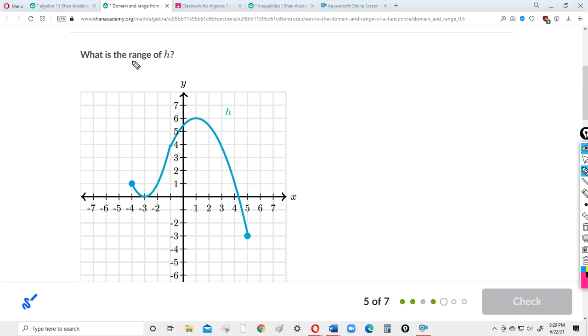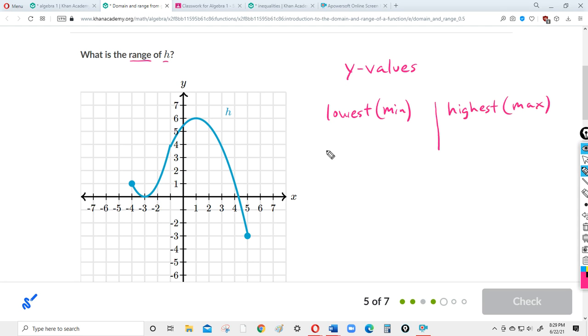Alright, so for this graph, they're looking for the range of h. Okay, so we're dealing with the y values. Alright, and what we want to find is the lowest or minimum, and also the highest or maximum.